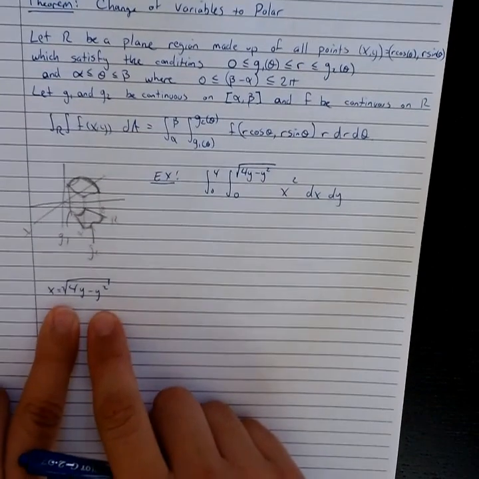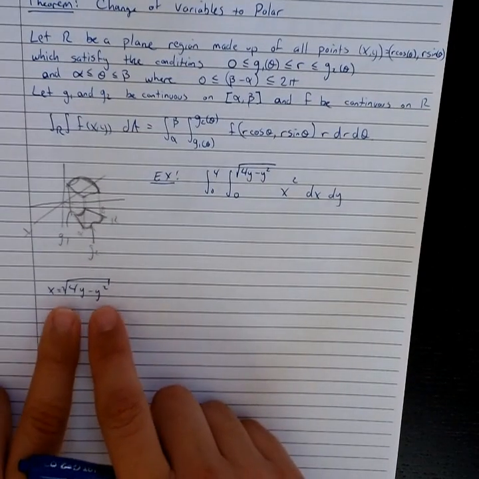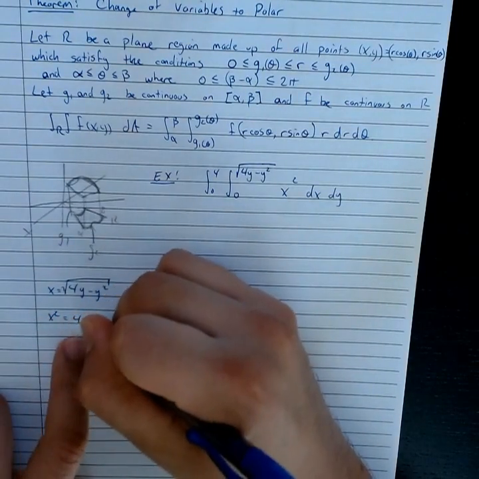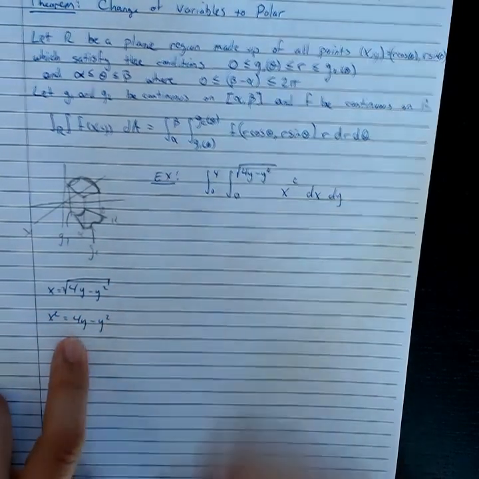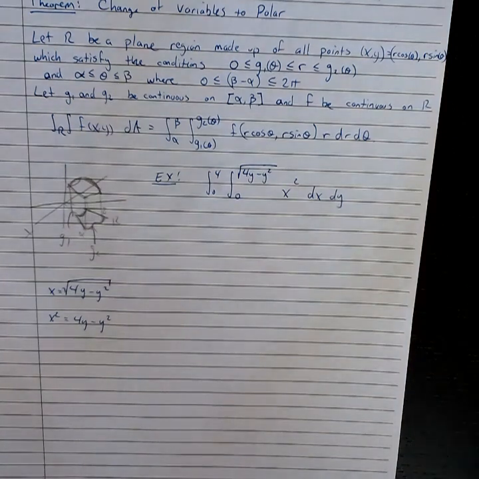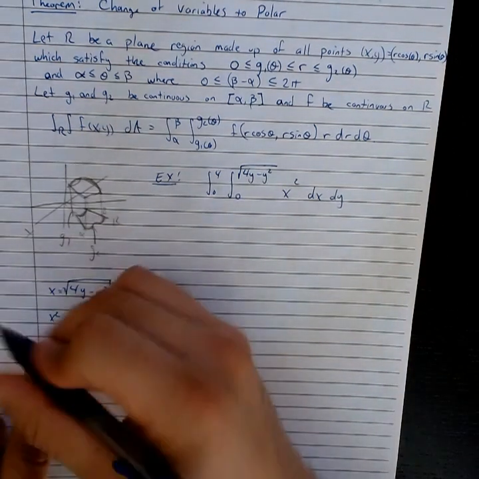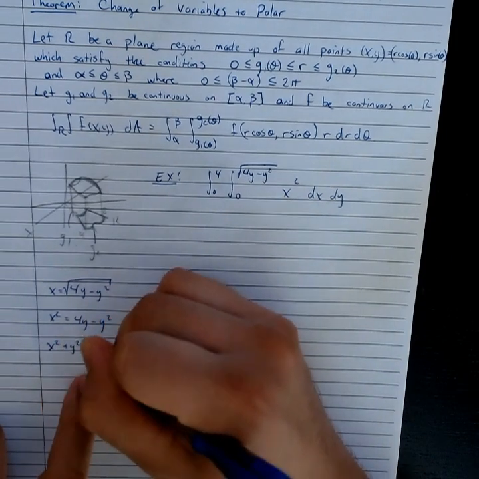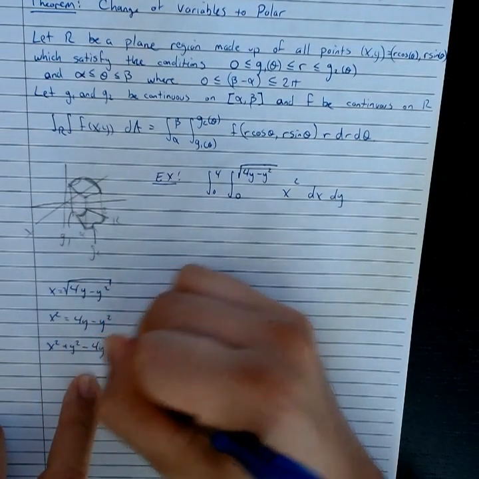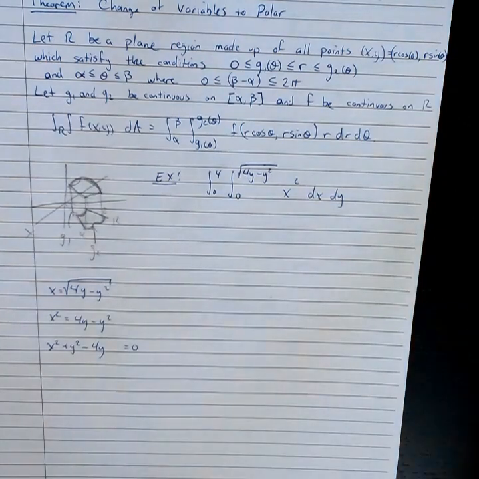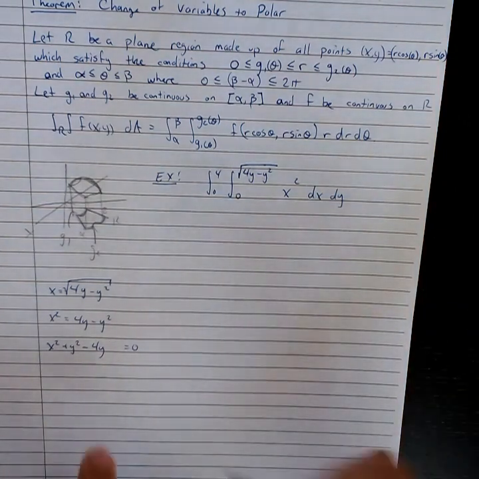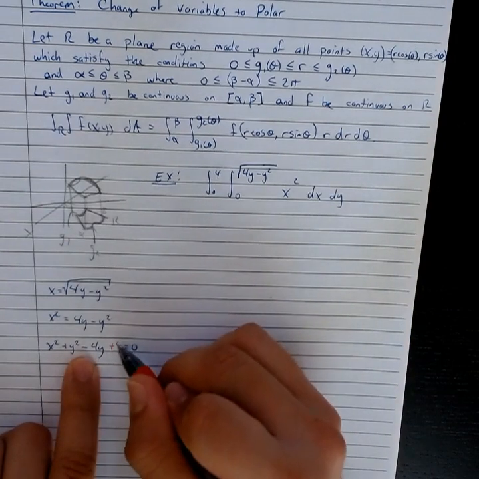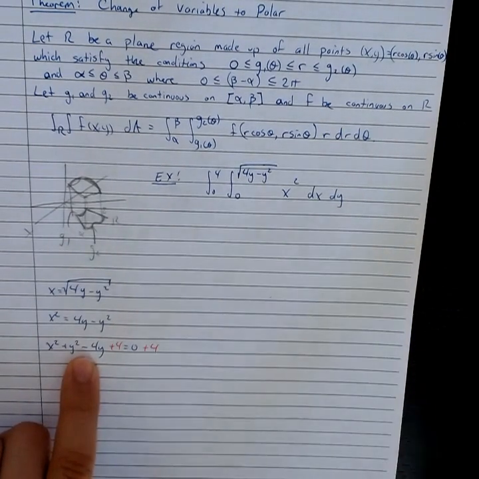But maybe I can make things a little easier on myself if I square both sides. After all, that square root's kind of in my way. All right, well now, that looks a little more familiar. Let me move all these over here. Let me write this as x squared plus y squared minus 4y equals 0. But I can complete the square. If I take that number, cut it in half, and square it, that gives me a plus 4 there and a plus 4 there.